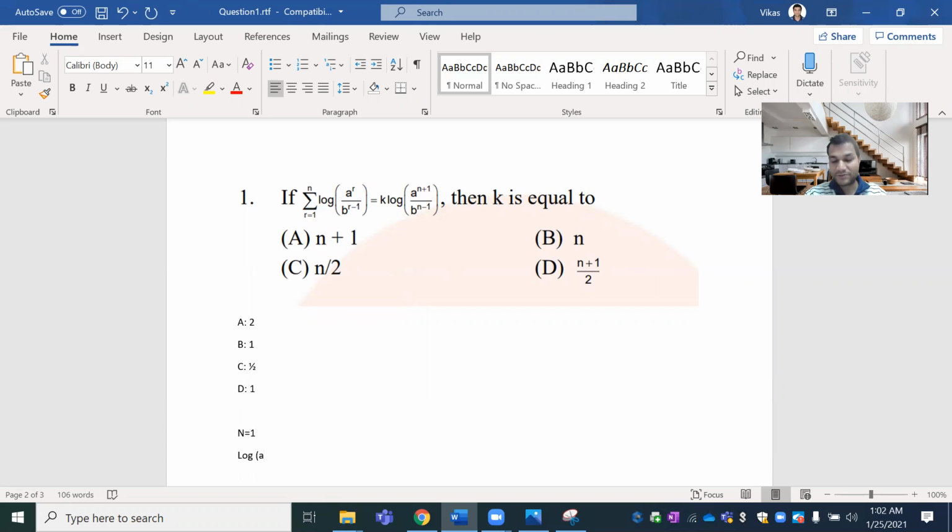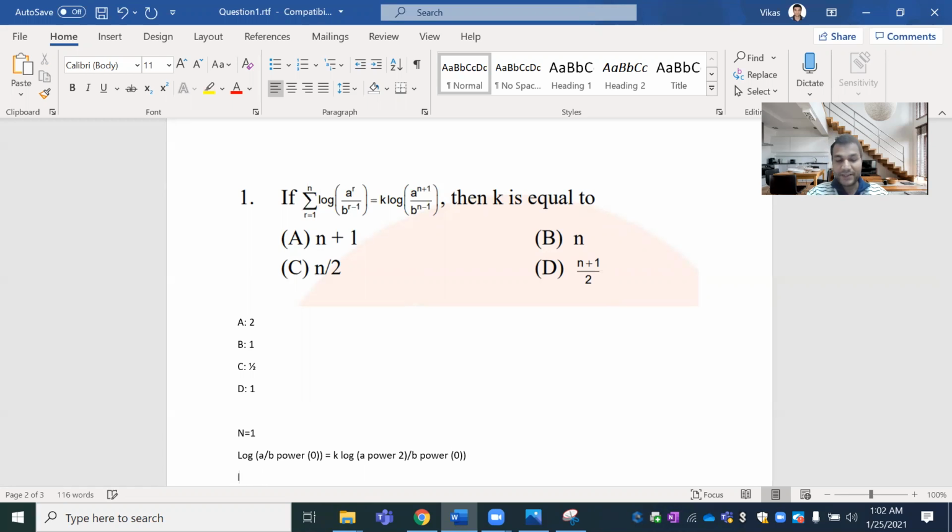R is equal to 1, so it will be a, and then b is power 0, which means it is equal to k log a, n is equal to 1, so a power 2 divided by b power 2 is 1, right? So n is equal to 1, so it will become a power 0. And we know power 0 means it is always 1.